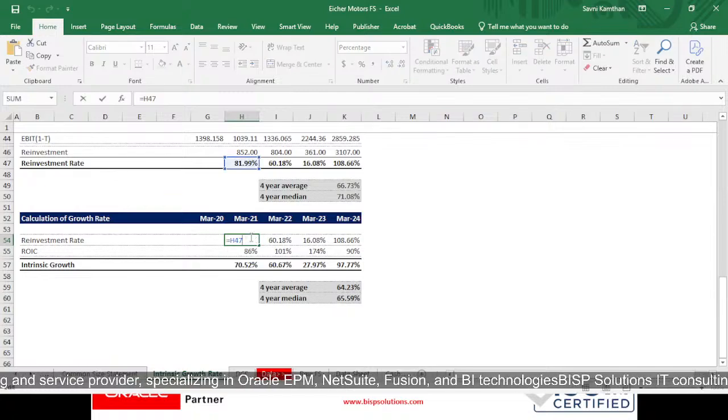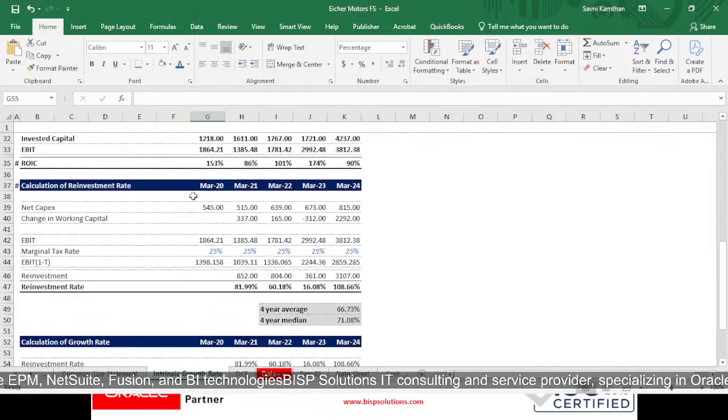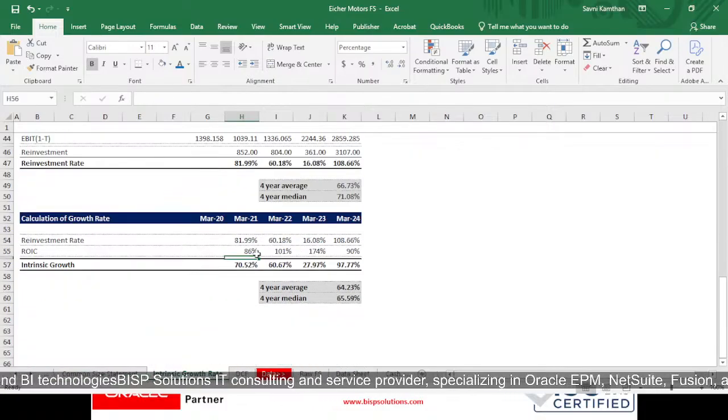I have linked it with this reinvestment rate column and then dragged it till the end. Then coming to my ROIC that I have calculated above, we will take from 21, so 86%, linked with this, and dragged it till March 24.